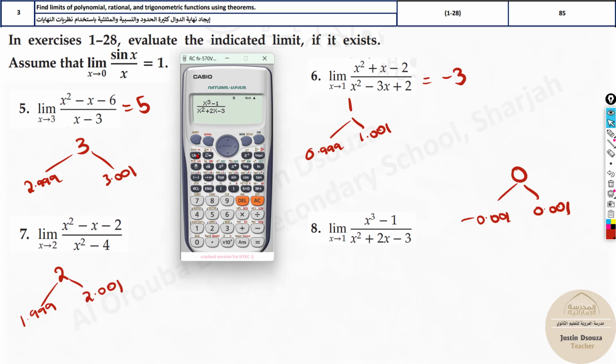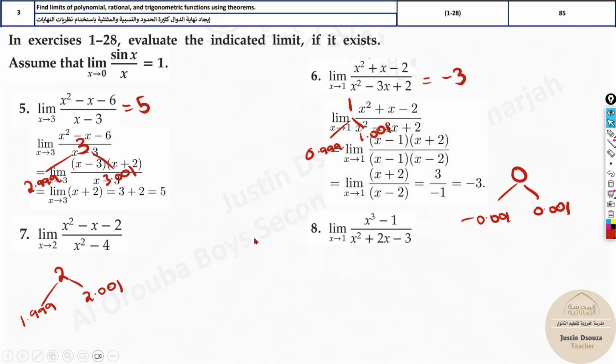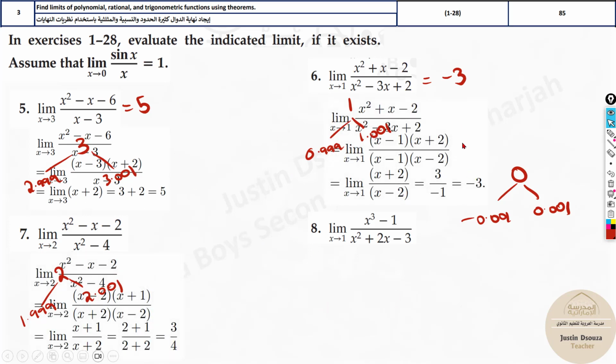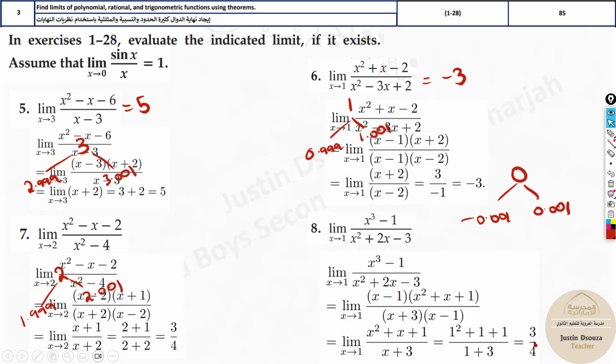Now then, calculate at 0.99, 0.999, and calculate, it's again 0.75 here, and calculate at 1.0. I'll increase the number of zeros here, so I'll get 3 by 4. So that's the answers. Both are 3 by 4. You can see it's negative 3, sorry, here, 3/4, 3/4.